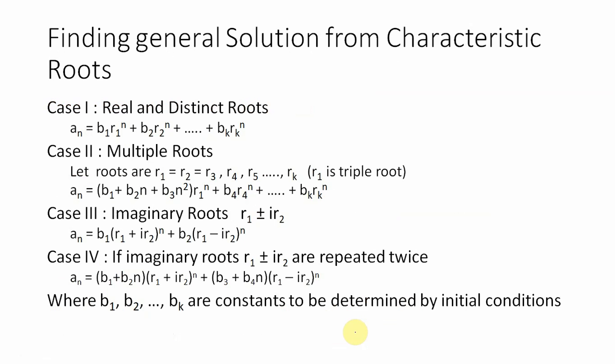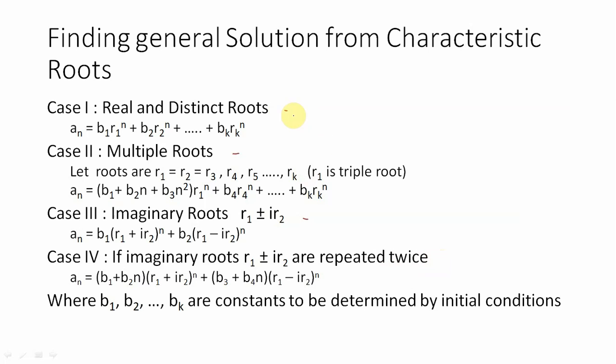Once we have identified the roots, there can be multiple cases. There is a possibility that the roots can be real and distinct, or they can be multiple roots, or they can be imaginary roots, or multiple imaginary roots, and so on and so forth.